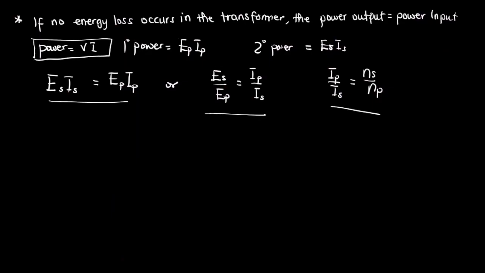If ES, the EMF in the secondary coil, over the EMF in the primary coil is equal to the current in the primary coil over the current in the secondary coil, and again this current ratio IP over IS is equal to the number of turns in the secondary coil over the number of turns in the primary coil, then we can see confidently from here that ES over EP, which is equal to IP over IS, is also equal to NS over NP.